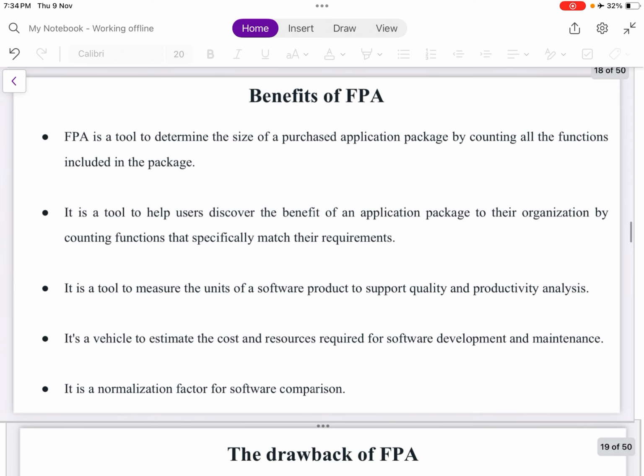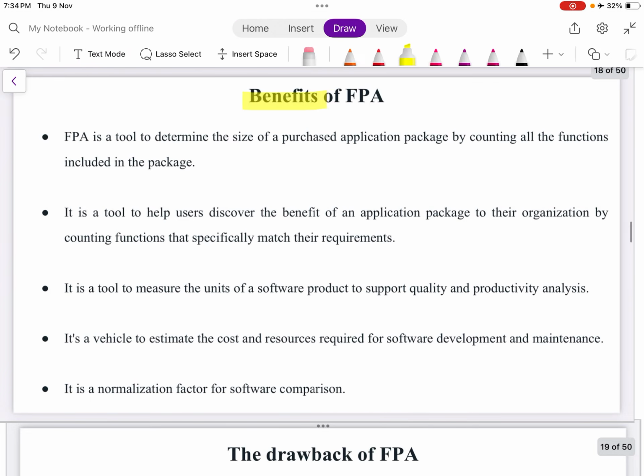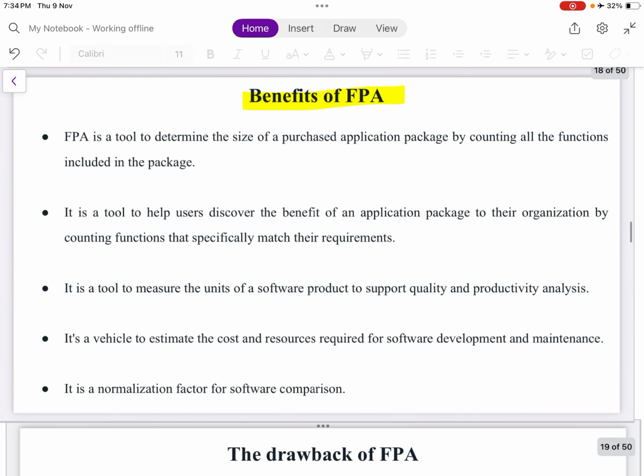It is a tool to measure the units of software product to support quality and productivity analysis. It is a vehicle to estimate the cost and resources required for software development and maintenance. It is a normalization factor for software comparisons.